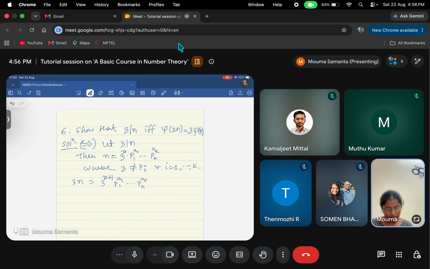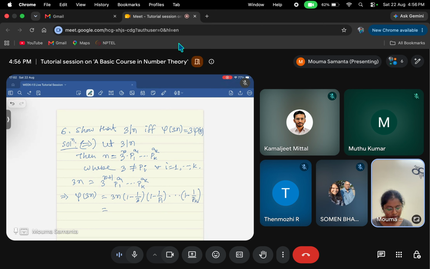That will imply phi of 3n equals 3n times 1 minus 1 by 3 into 1 minus 1 by p1 up to 1 minus 1 by pk.